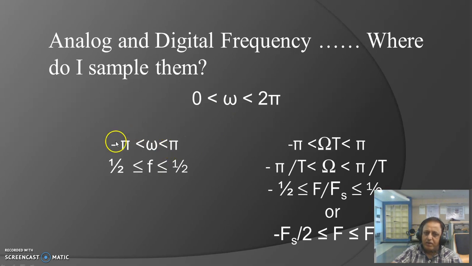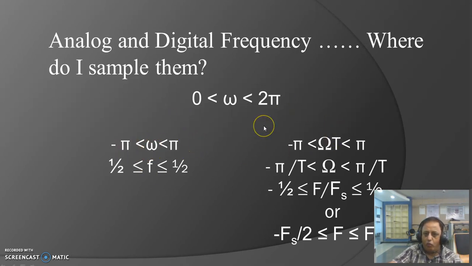So if it occurs less than pi, I can take it as between minus pi and pi. And if I put this expression of omega here, I get f between minus half and plus half, and similarly omega t is between minus pi and pi. So if you simplify this, you get the range of operation of the continuous time signal between minus fs by 2 and plus fs by 2, and the frequency f between minus half, the fundamental frequency. Why? Because the principal alias occurs in this particular frequency range, and omega occurs between minus pi and pi.